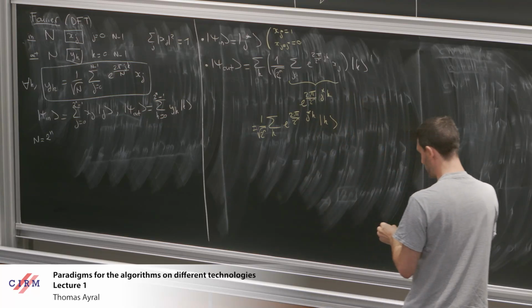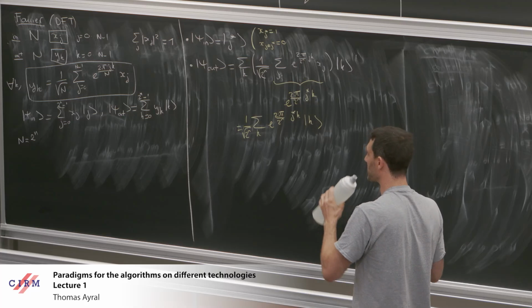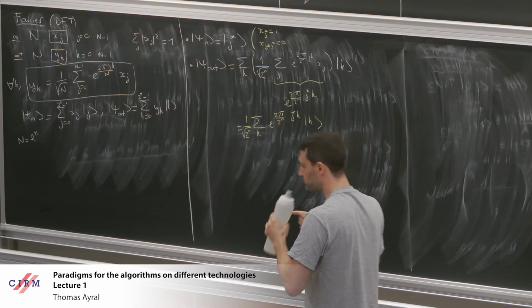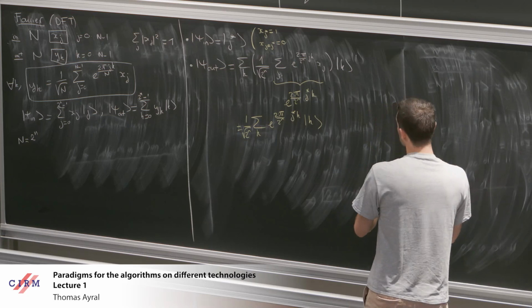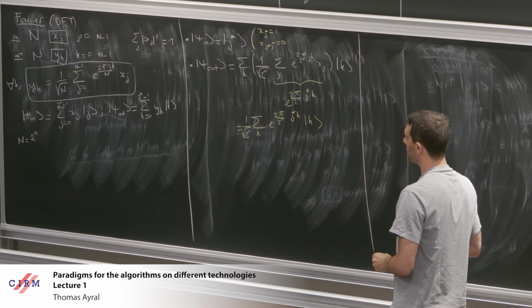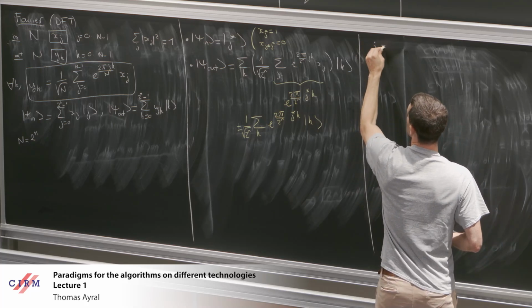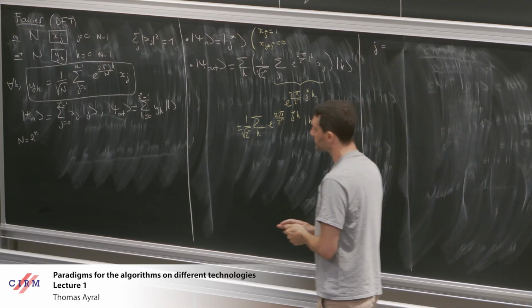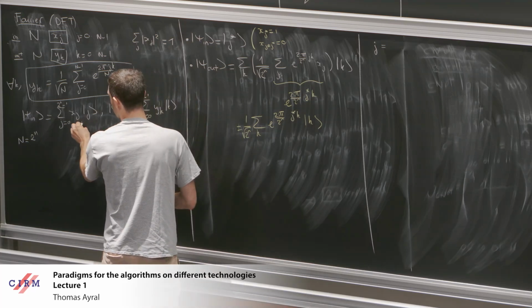OK, and now it looks a bit hopeless. But that's when we have to remember something. Now what I'm going to do is to say the following thing. I'm going to say that j is an integer, but here, remember what j means here.